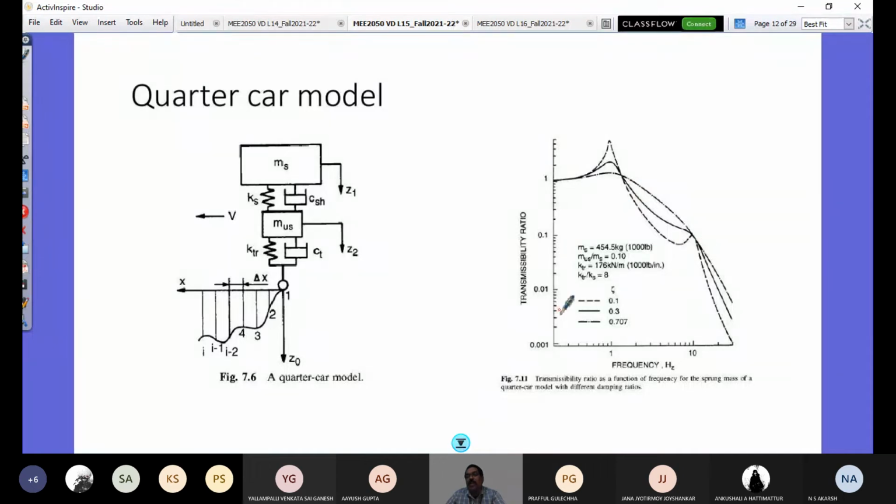So if you look at, for your ride concern, the variation of transmissibility function as a function of frequency here, it's not a ratio. So what is that you get as 3 regions. One is below the resonance called low frequency, and mid frequency and high frequency. So at low frequency as well as at resonant frequency, you require high damping, whereas that's not preferred at the rest of the range of frequencies.